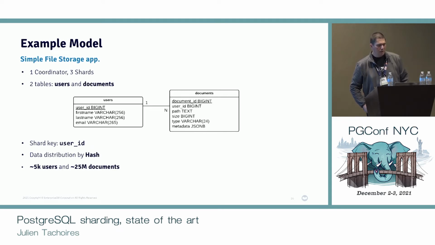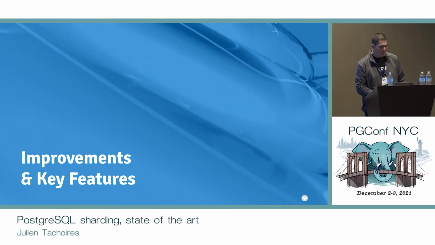So the goal here is to implement a lightweight document storage application. The shard key is user ID, and we are going to use the hash partitioning form. Databases have been populated with 5,000 users and 25 million documents. So let's move on to improvements and key features.